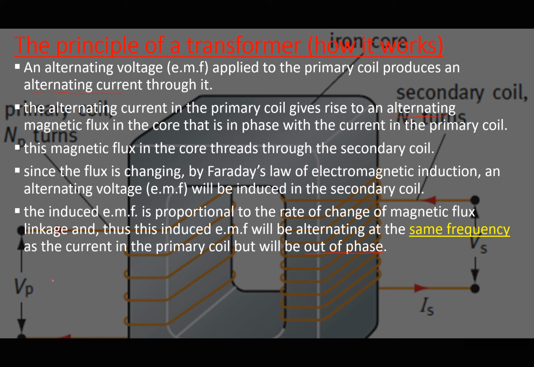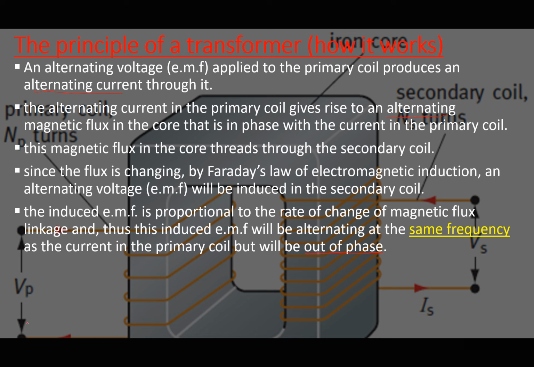The induced EMF is directly proportional to the rate of change of magnetic flux linkage. When the flux linkage is maximum, the rate of change is zero, which means the induced EMF is going to be zero. And when the flux linkage is zero, the rate of change is maximum. Then the induced EMF is going to be maximum. That's what we mean that they are out of phase. They are actually 180 degrees out of phase.